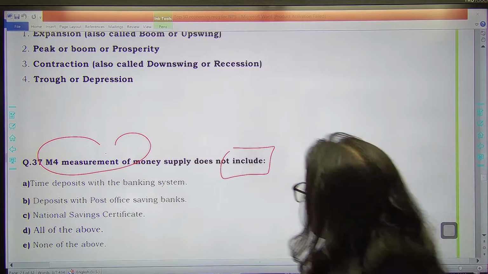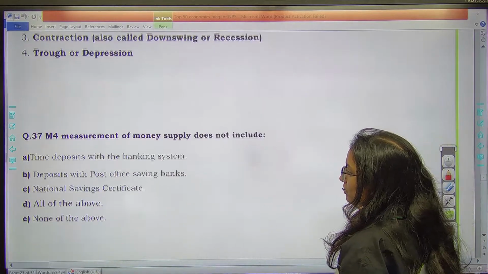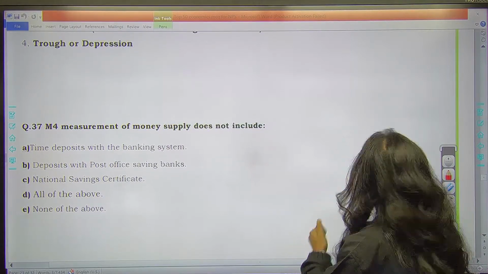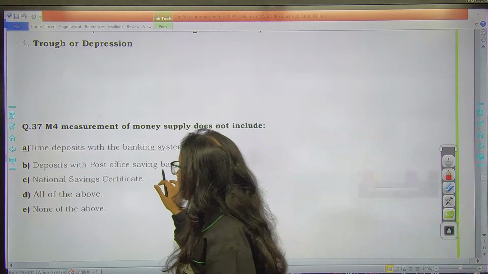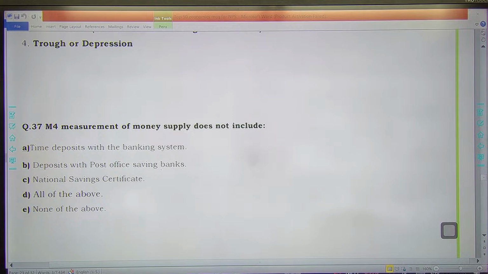Okay, so M4 is time deposits with the banking system, deposits with post office, national saving certificate. Here National Saving Certificate is not included, okay. So it is not there in M4. M4 is what?